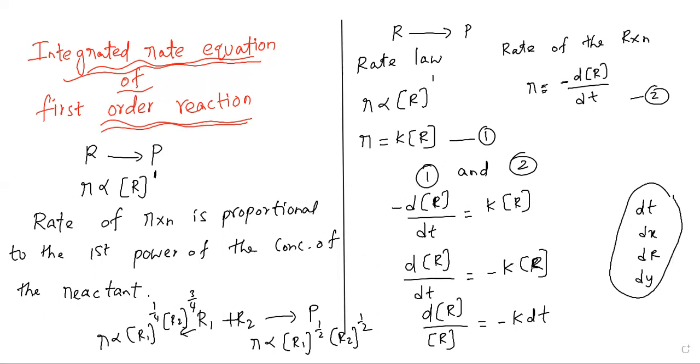Now how do we integrate? In the last class I explained integration, and the integral sign and d will be cancelled, right, if only d is there. Now this one, dR by R, we have the formula that the integral of dx by x equals ln of x plus constant.